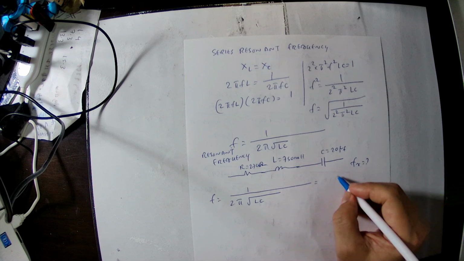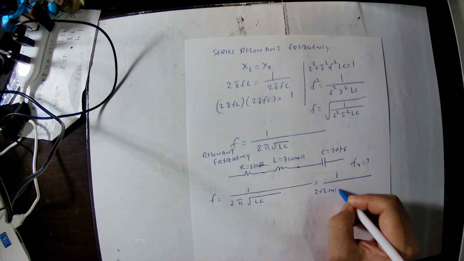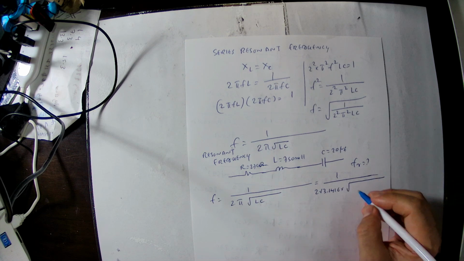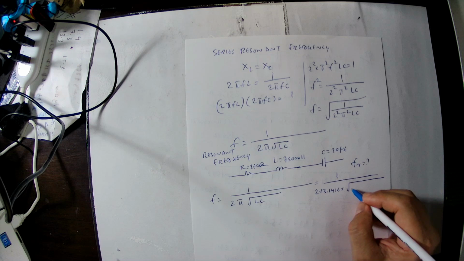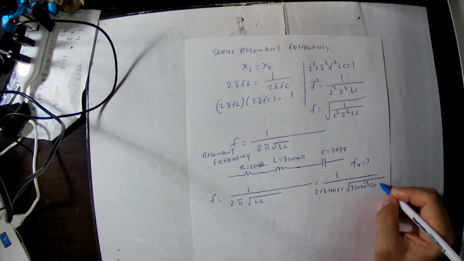So that is 1 divided by 2 times 3.1416, square root of inductance. The inductance is 750 millihenry, 750 into 10 power minus 3. The capacitance is 20 microfarad, 20 into 10 power minus 6.